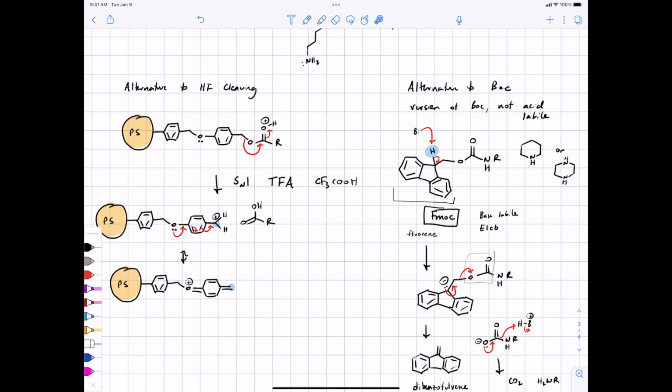If we had used Boc, anytime we went to do a Boc deprotection, our peptide would have been cleaved from the resin and would have gone away in the wash, right? So in an FMOC synthesis, your peptide never sees acidic conditions until the very end when you cleave it from resin.